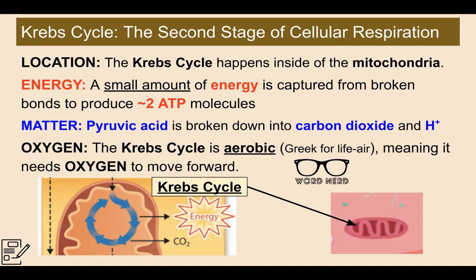So the Krebs cycle doesn't actually need oxygen to function, but it needs the next stage to function. It won't function if the next stage doesn't function, and the next stage needs oxygen. So we say that the Krebs cycle is aerobic. And that is a vocabulary word. On the test, you will need to know the difference between anaerobic, without oxygen, and aerobic, with oxygen.